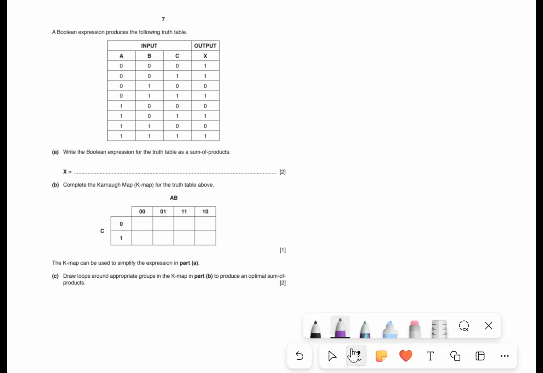So we've got this row, this row, this row, this row, and this row.